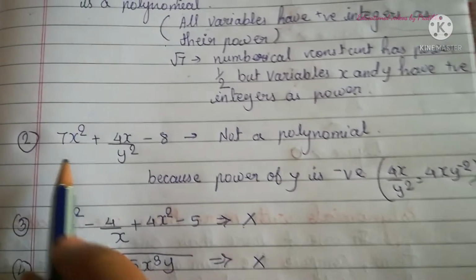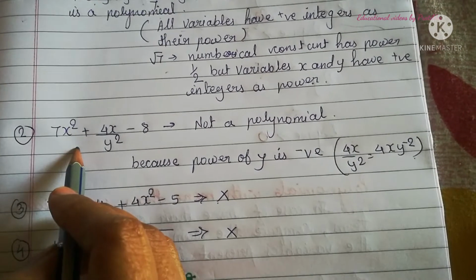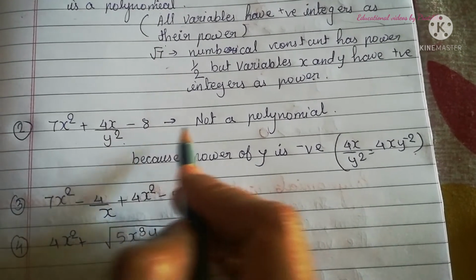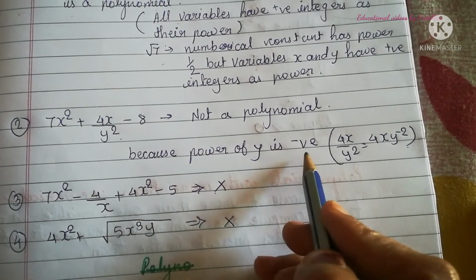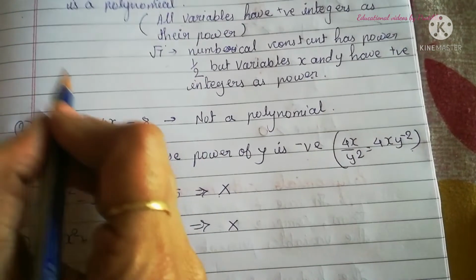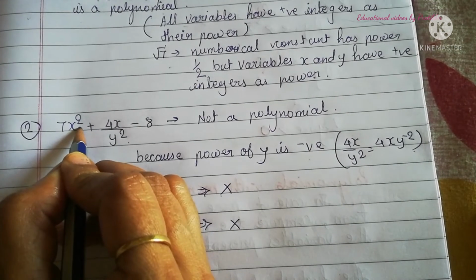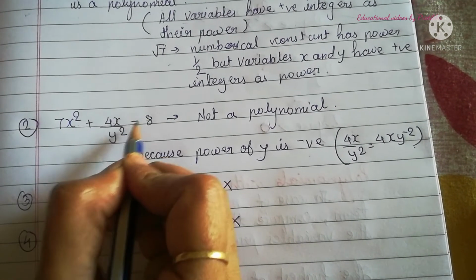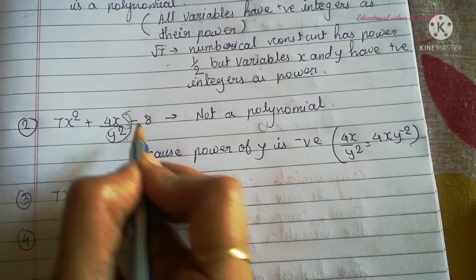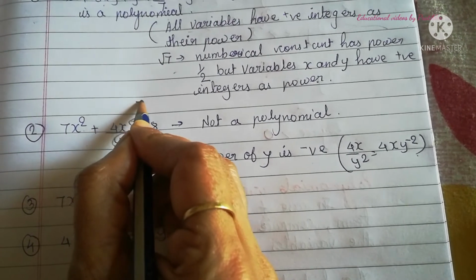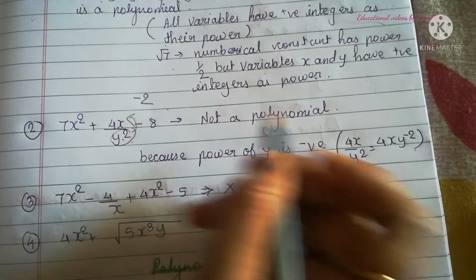Now let's see the second example. Here 7x square plus 4x upon y square minus 8 is not a polynomial because the power of y is negative. The first term 7x square, x is positive, but the middle term 4x upon y square, if we take y square up, it will become y raised to power minus 2.